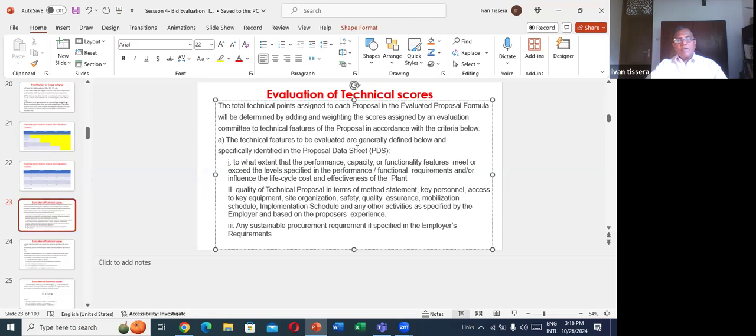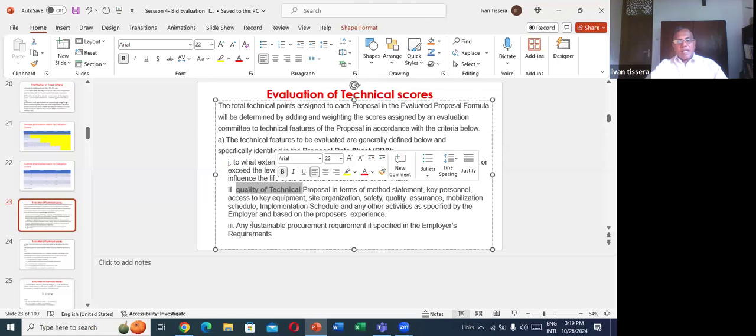The technical features to be evaluated are generally defined below and specifically defined in the proposal data sheet. Again, we have a proposal data sheet. Number one, to what extent the performance, capacity, and functionality features meet or exceed the relevant specification. Then the quality of the technical proposal, as we said, the performance part, one thing, plan. Then we said technical part.